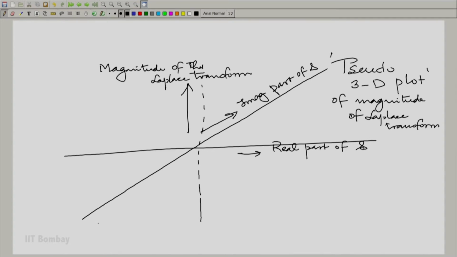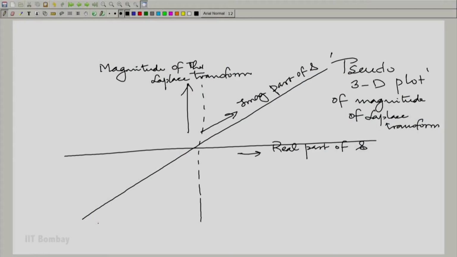Now, the magnitude will occur only on one side, it is always non-negative. So, that is why I am saying that you could think of this whole structure as lying upon an s plane. You could think of the s plane as the base on which you are putting something, because you do not have anything on the other side. In fact, I would go to the extent of saying you can think of the magnitude as a function of s being a tent on the s plane.